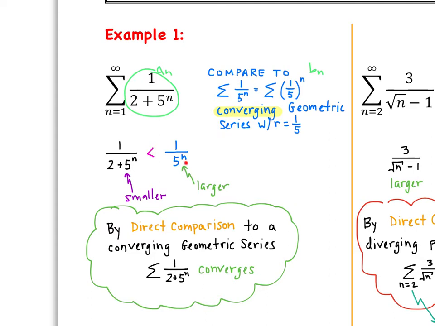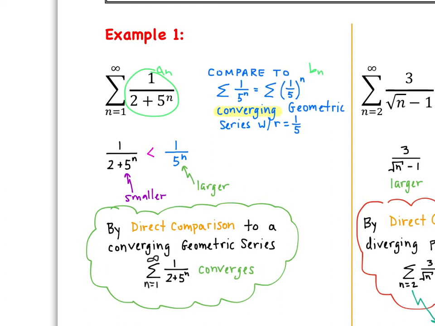Since the bigger one converges, it's a geometric series with r being 1/5, so does the smaller one. So by the direct comparison test to a converging geometric series, this series from n equals 1 to infinity also converges.